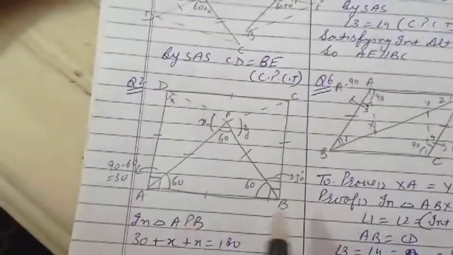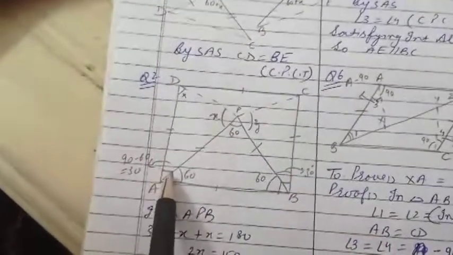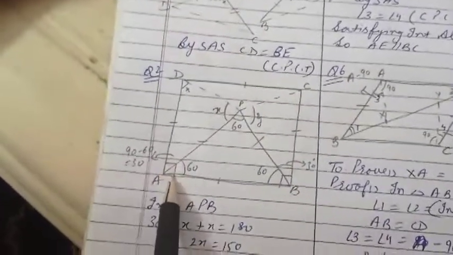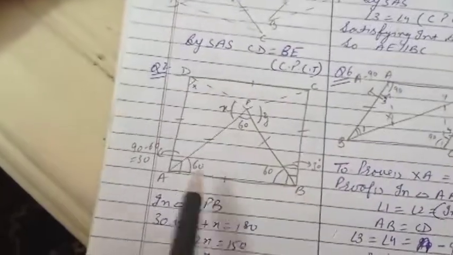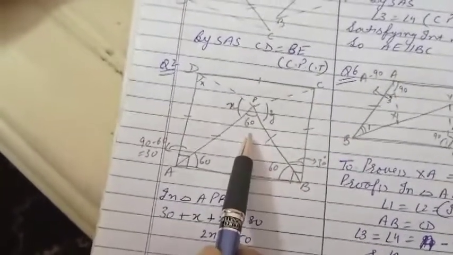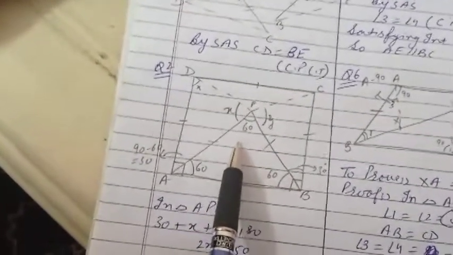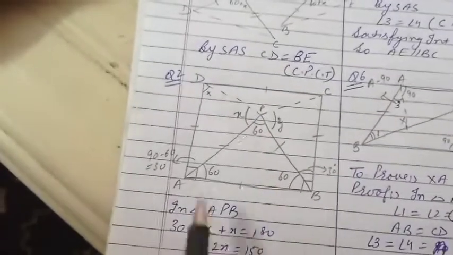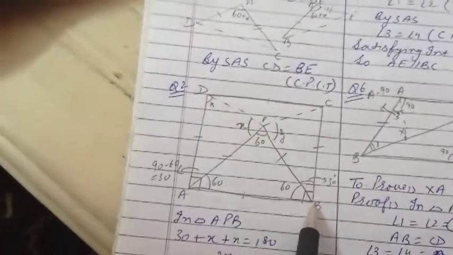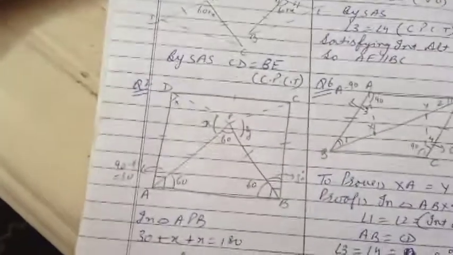Second part, this is the figure. In the following diagram, it is a square, and you know that in a square the vertex angle is 90 degrees. Since it is an equilateral triangle, this angle will be 60 degrees. So in the first part, prove that APD is congruent to BPC.